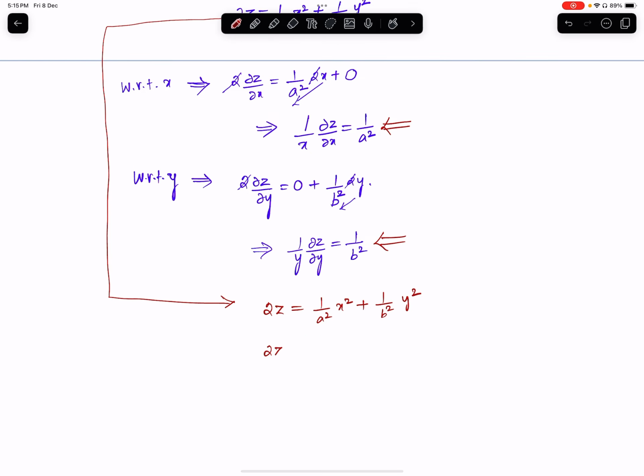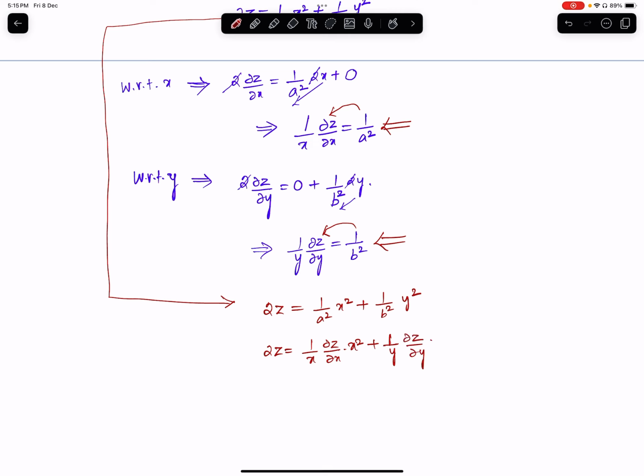I rewrite the same equation. So it is 2z is equal to 1 by a square. What is 1 by a square? You can put this value. So it is 1 by x, dou z by dou x, then multiply x square. What is 1 by b square? It is written here. So 1 by b square is 1 by y, dou z by dou y.